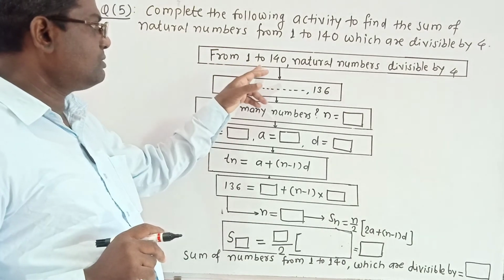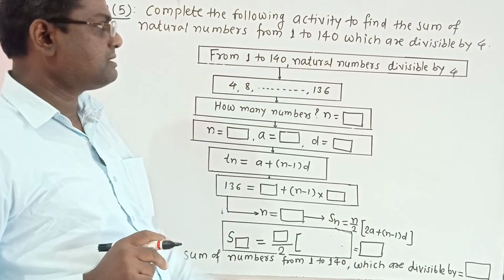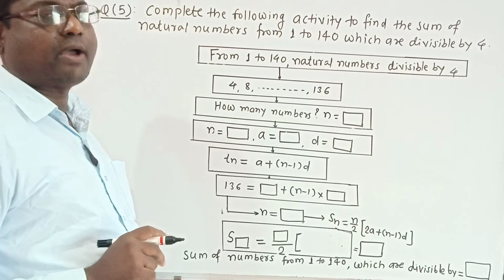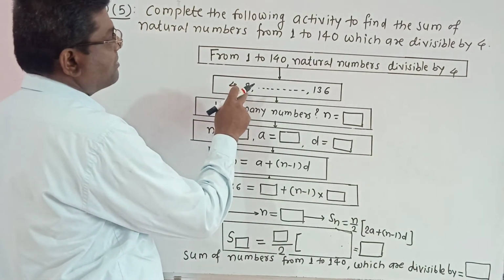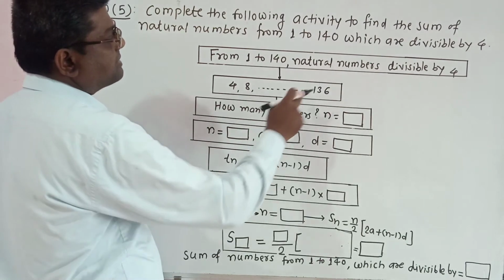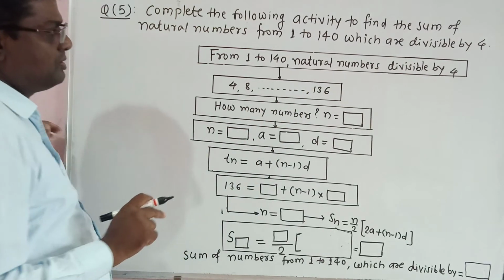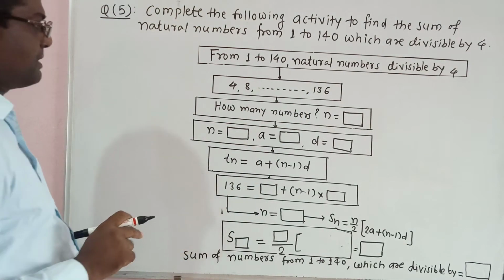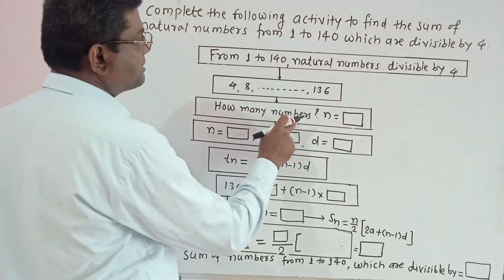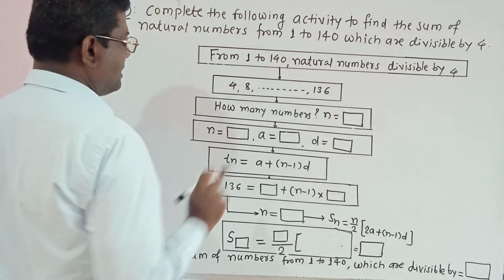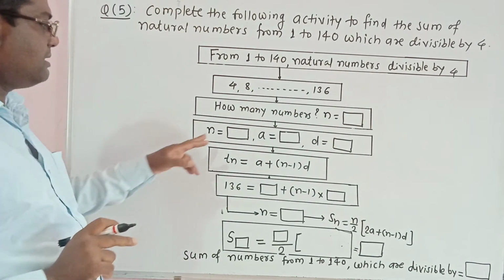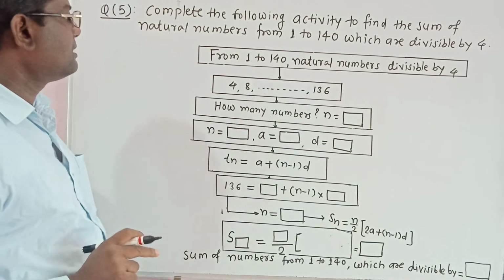From 1 to 140, the natural numbers divisible by 4 are 4, 8, and so on, and the last number is 136. Now we have to find how many numbers there are, that is n.